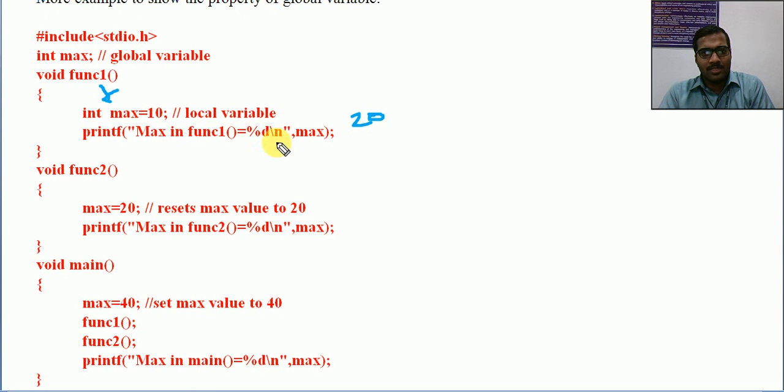So just remember the definition of a static variable. Even after it exits from the function, it will retain the value. The second time it enters the function, the new value won't be assigned; the previously assigned value will be taken.